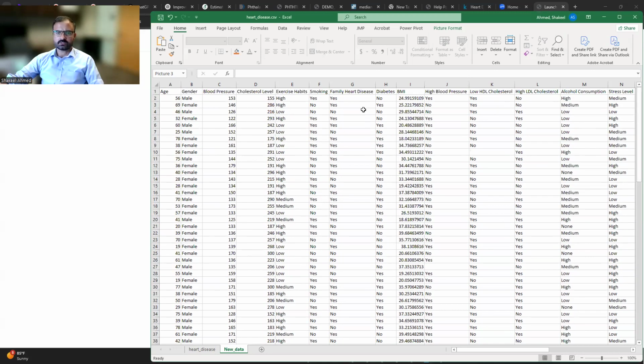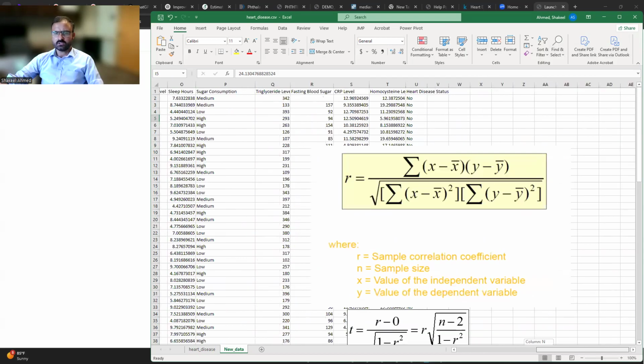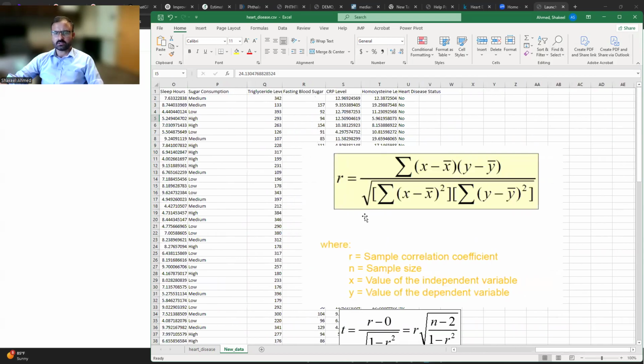You can use the command option, or you can include the formula. We have the formula for the correlation coefficient, called the Pearson correlation coefficient.